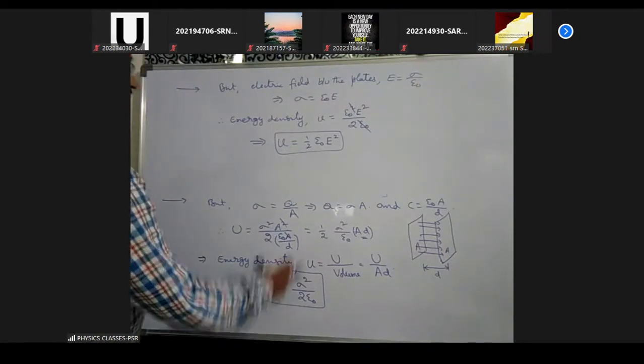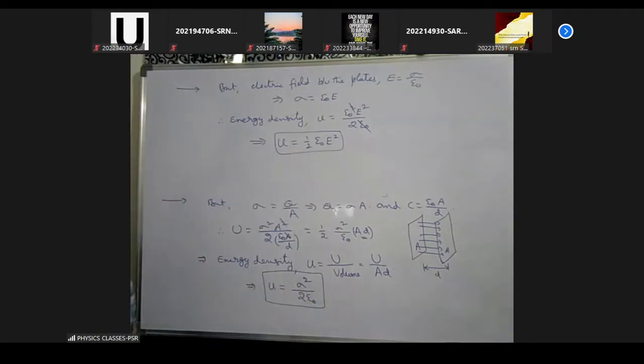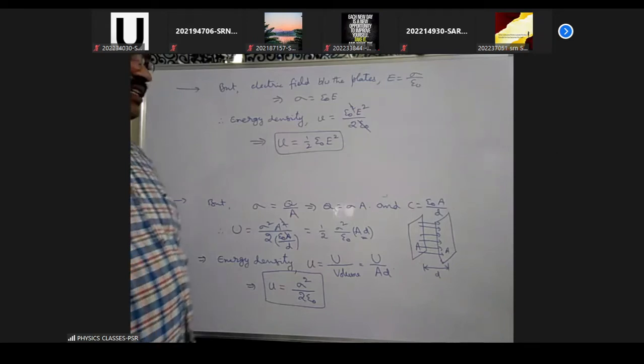This is one formula, and this is another formula of the energy density. While doing objective problems, we use all these formulas. One should remember this energy density. It is the electric energy stored per unit volume of the space between the plates of a parallel plate capacitor.